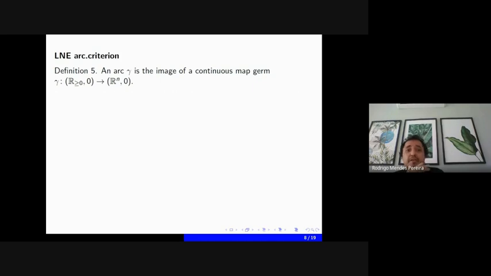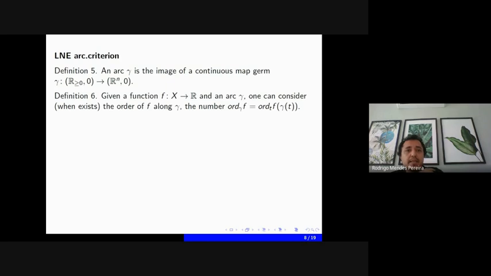Definition 5: an arc, I spoke about it before, but again, an arc is the image of a continuous map germ like this. Definition: if you take f a function, and X embedded in some Euclidean space, and an arc contained in X, then you can consider, when it's possible, the order of f along this arc.